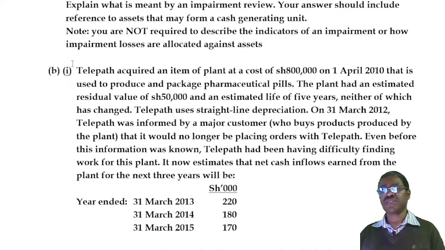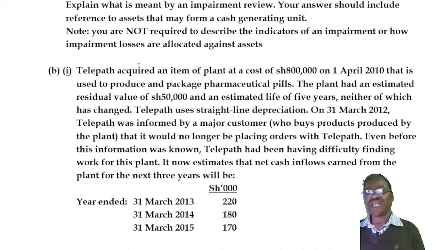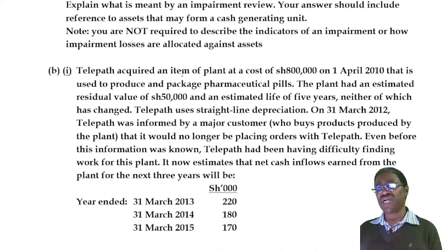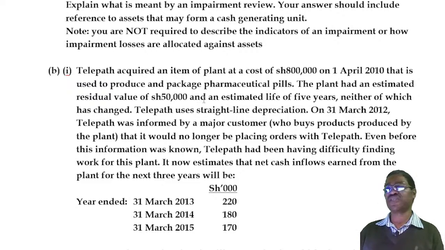Number B1: Telpath acquired an item of plant at a cost of 800,000 on 1st April 2010 that is used to produce and package pharmaceutical pills. The plant has an estimated residual value of 50,000 and an estimated life of 5 years, neither of which has changed.